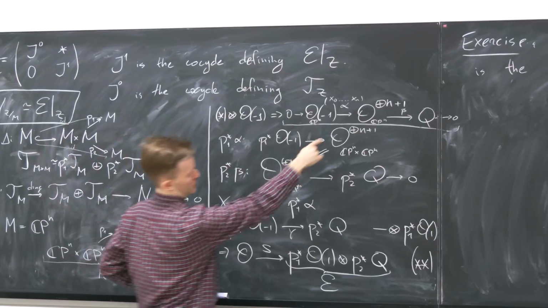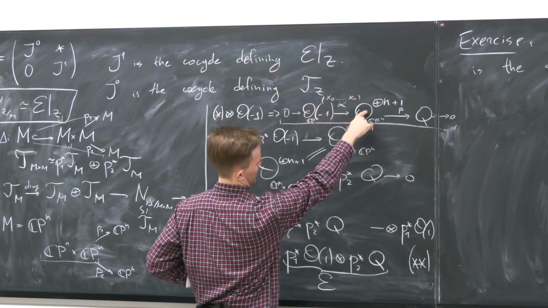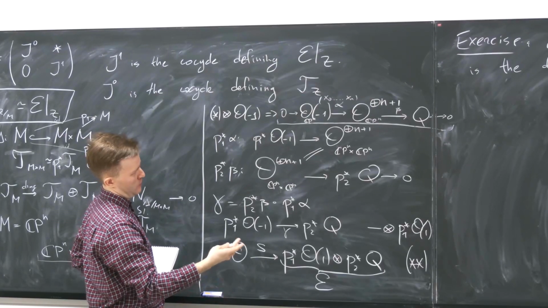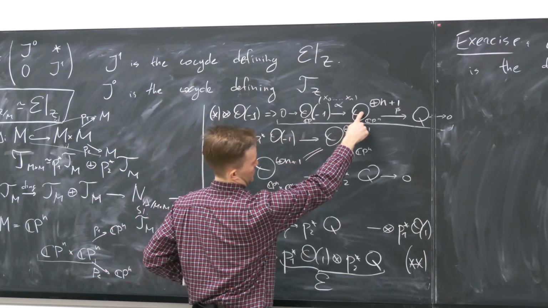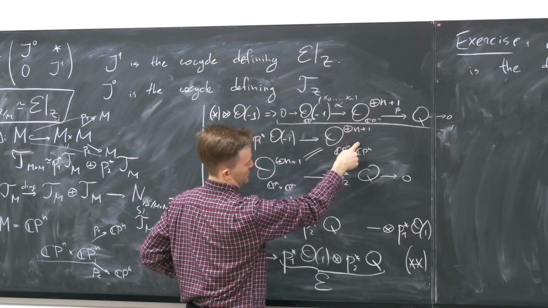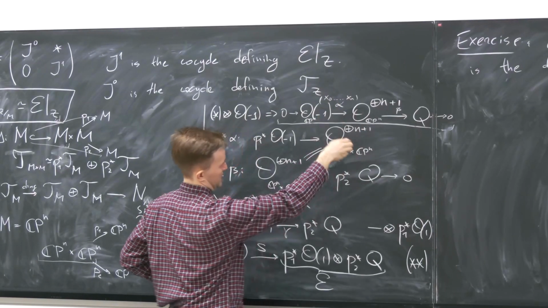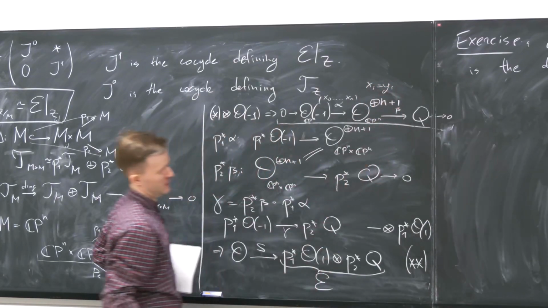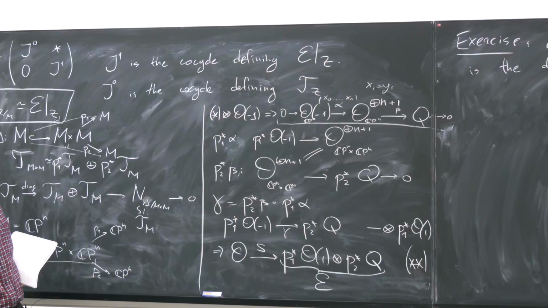So I first go here via this embedding, and then I project somehow. It's obvious that the points that are projected to 0 are exactly given by the condition that xi is equal to yi, just by construction. So if you think about it a little bit, then it's quite clear. So this is exactly the diagonal.